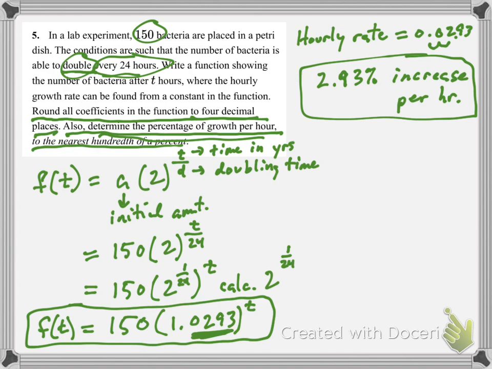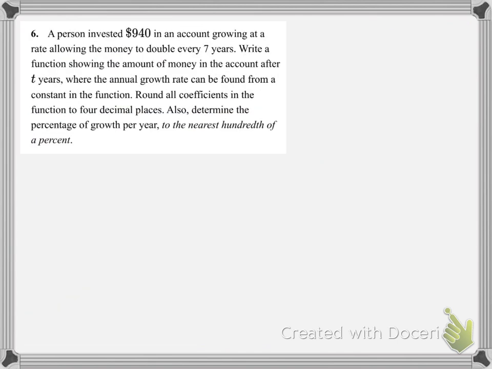Let's look at a different type of problem. A person invested $940 in an account, growing at a rate, allowing the money to double every 7 years. So we need to write a function showing the amount of money in the account after t years.